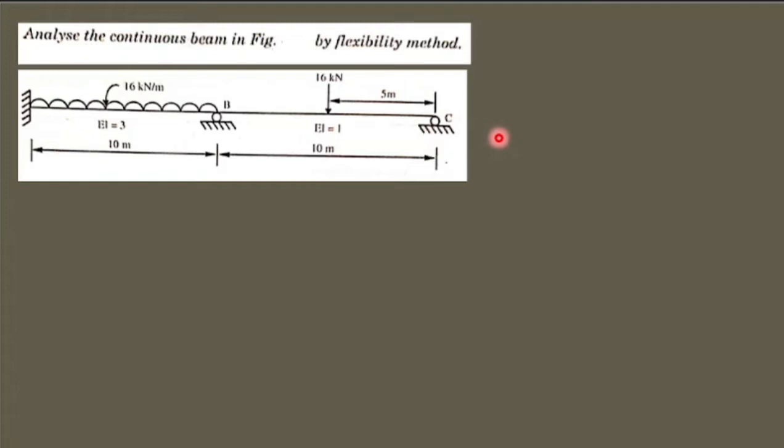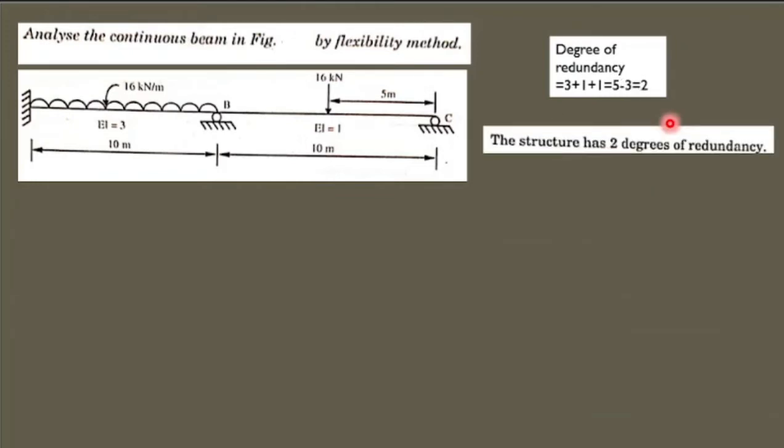How many equations are there? Equilibrium equations 3. So 5 minus 3 will be 2. So your degree of indeterminacy will be 2 here. What is this? 5 is the number of support reactions, and minus 3 is the number of equilibrium equations, which gives 2. The structure has 2 degrees of redundancy.